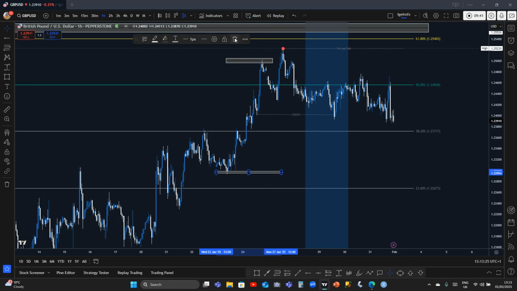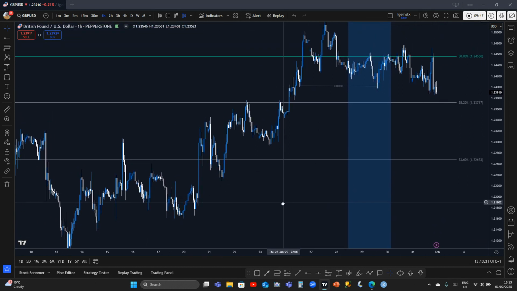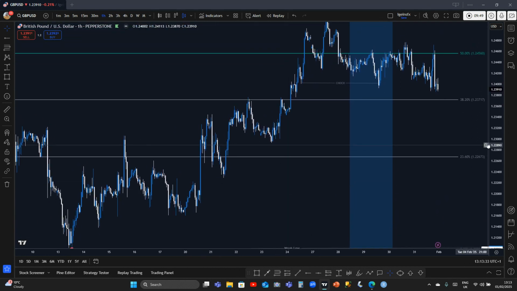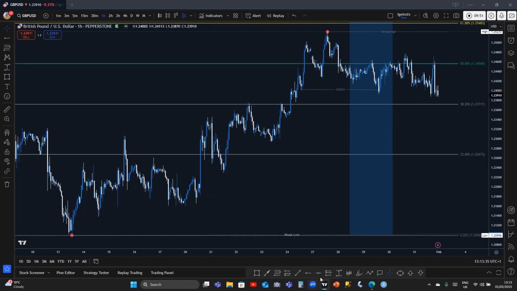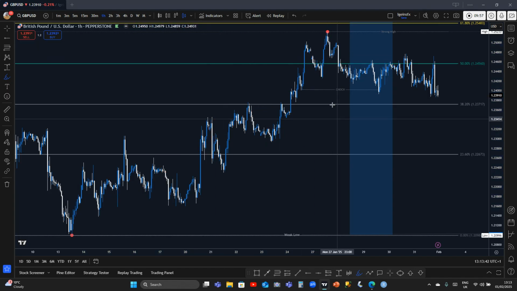So that was the trade we took from this bullish run, this whole pullback, 200 pips.